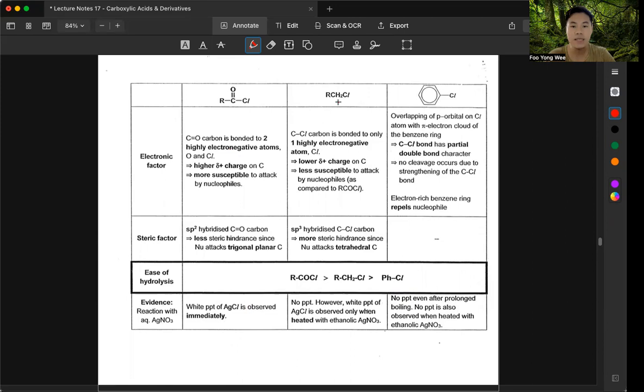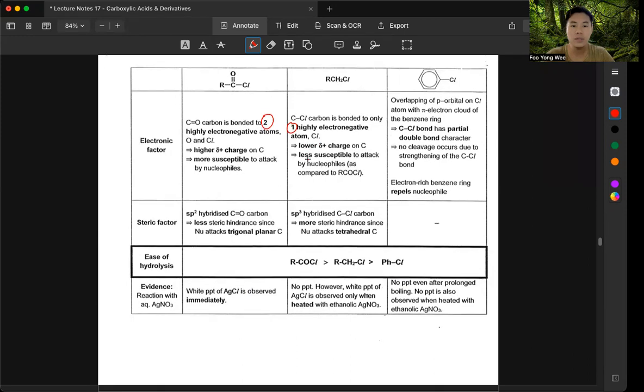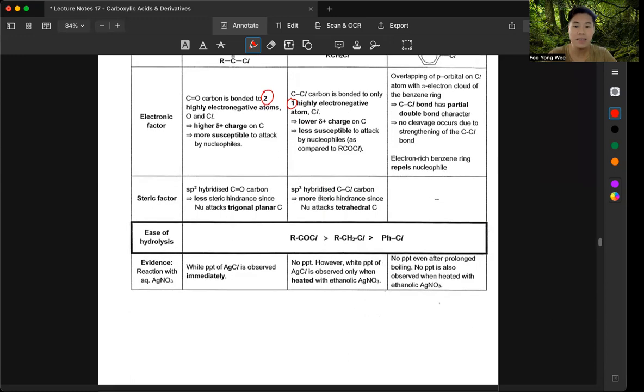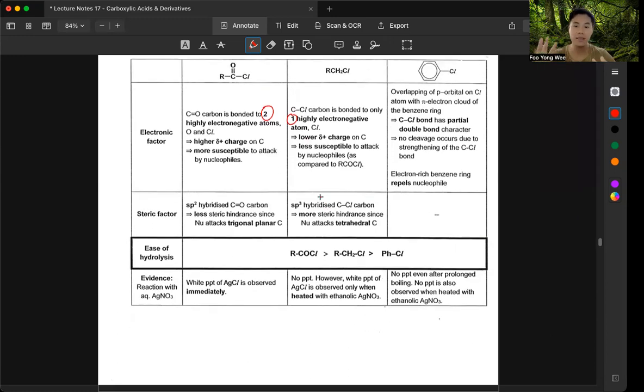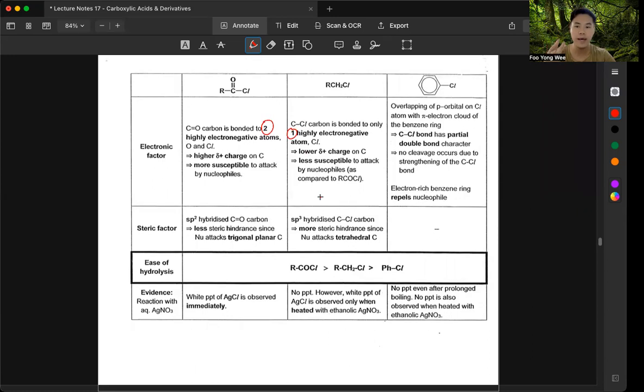The second one is RCH2Cl. Now here, the C-Cl carbon is only bonded to one highly electronegative atom. So in terms of electronic factor, you lose out by one, which is the O, with only the Cl. So the positive charge of C is lower, not so positive, so it's less susceptible to attack by the nucleophile. And because it's sp3 hybridized, tetrahedral, you expect it to have more steric hindrance.